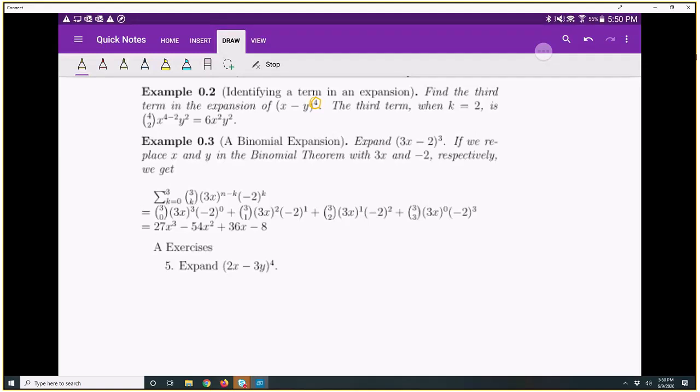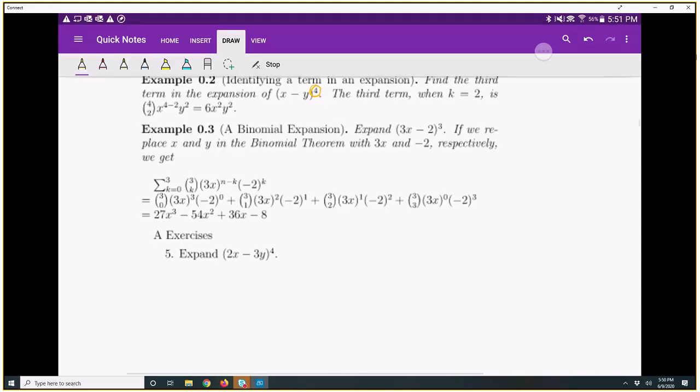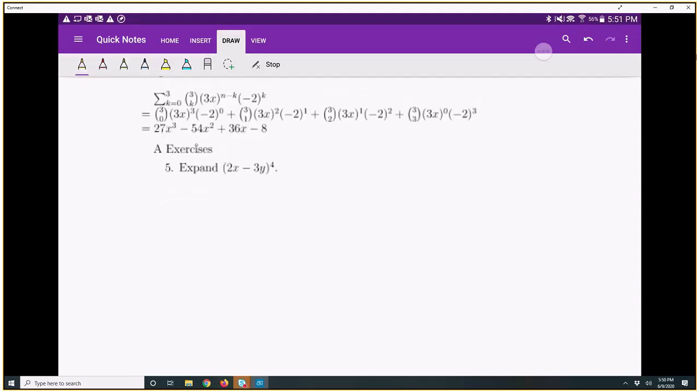Then the theorem tells us that this expansion should be the sum, k running from 0 to 3, of 3 choose k, (3x) to the power n minus k, times negative 2 to the power k. And you can see that's 3 choose 0 times (3x) cubed times negative 2 to the 0, plus 3 choose 1 times (3x) squared times negative 2 to the power 1, and so on. And you get this polynomial, 27x cubed minus 54x squared plus 36x minus 8 when you simplify.